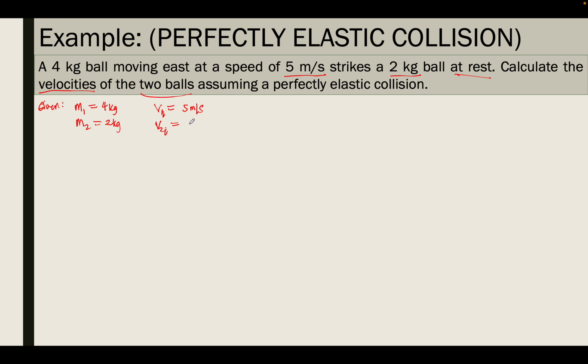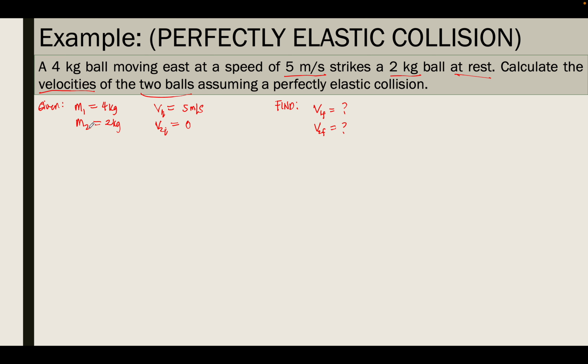Okay, so now we are asked to find the velocities of the two balls, or the final velocities of these two balls, which is V1 final and V2 final. So we will be solving for these two. How can we solve for this?